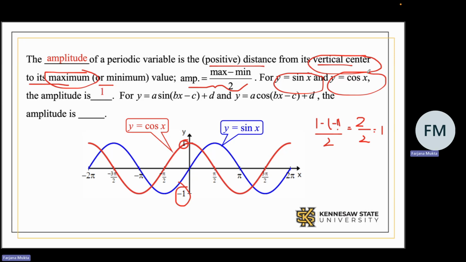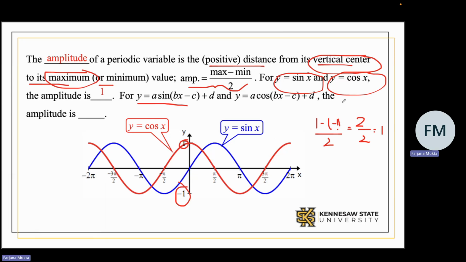Now, if we have the transformed function y equals a sine of bx minus c plus d, or y equals a cosine of bx minus c plus d, as we have learned about all these coefficients already: c represents horizontal shift, b represents horizontal shrink or stretch, a represents vertical shrink or stretch, and d represents vertical shift.